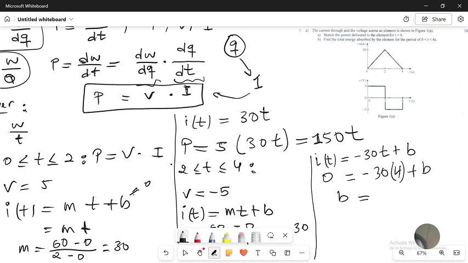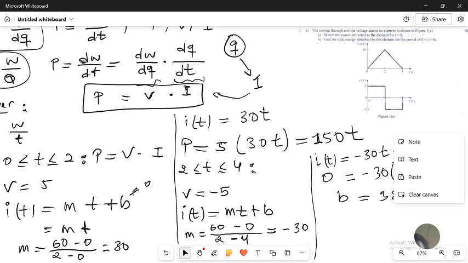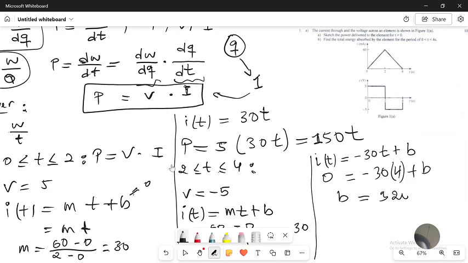If I move the minus 120 over, b is going to be 120. Now I have found i(t) equals minus 30t plus 120.